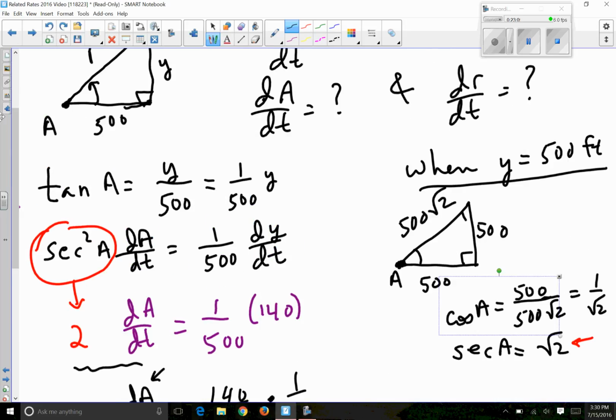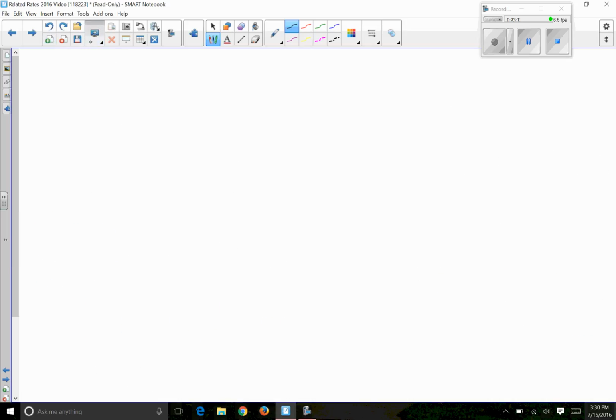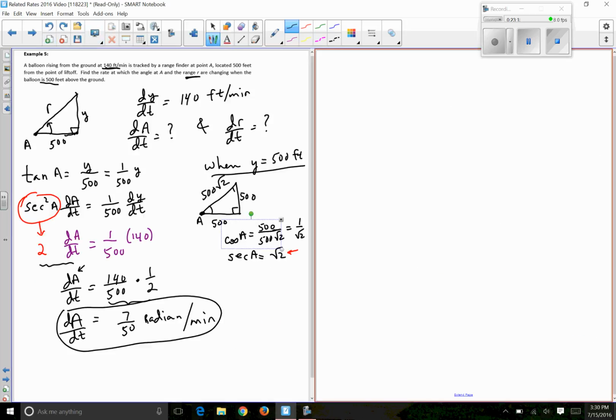To find dr dt, instead of using this formula, we'll use 500 squared plus y squared equals r squared. In this triangle, this will always be true, no matter where the balloon is.